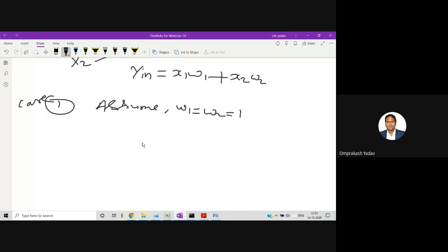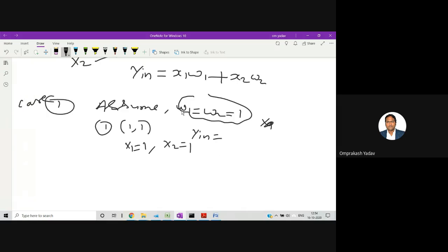First we check the first pair, that is 1 1. Here x1 is 1 and x2 is also 1, and w1 and w2 we have assumed as 1. So y in will be x1 into 1 plus x2 into w2 which is 1, so this will be 2. So for the first pair, y in is 2.